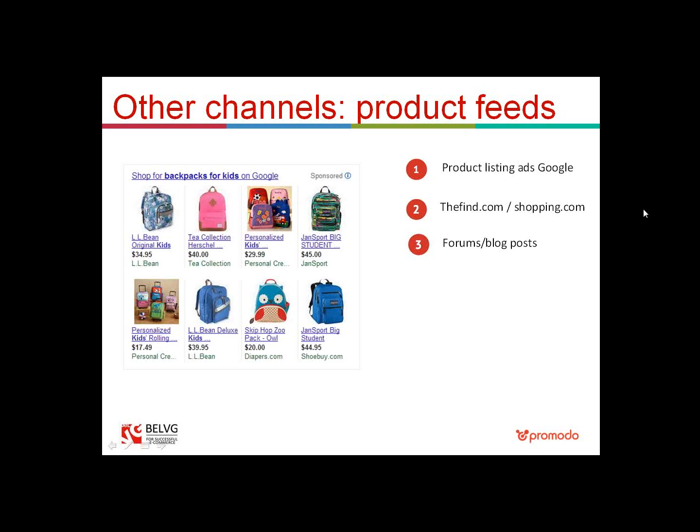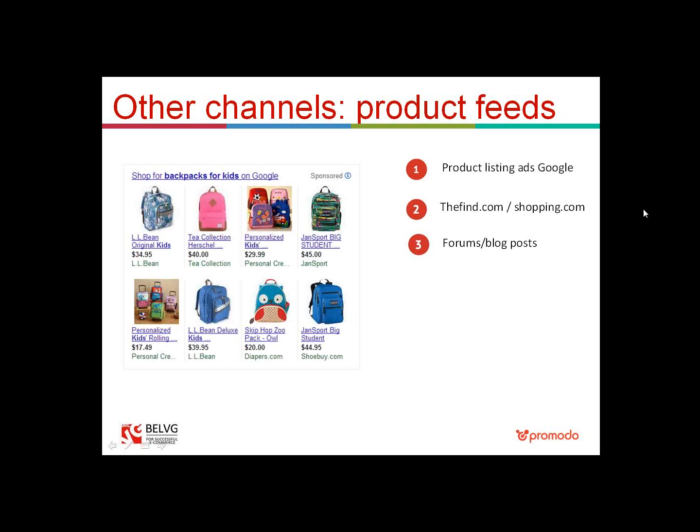Other channels which are definitely worth your attention are product feeds or comparison shopping engines. One of the most famous is product listing ads by Google. It is now paid, but again, it is much cheaper than Google AdWords, probably because in product listing ads you tend to have a higher CTR, click-through rate, and it leads to cheaper clicks.